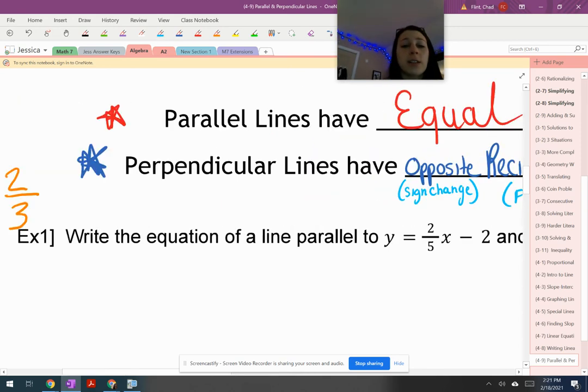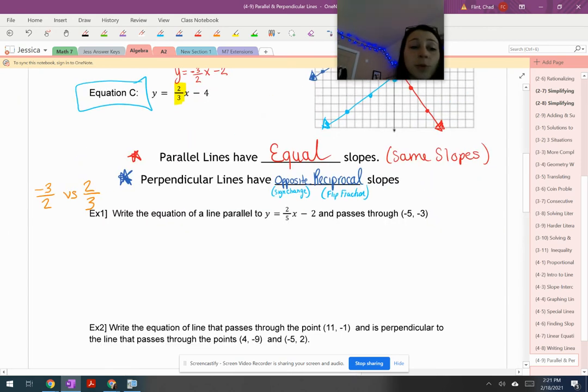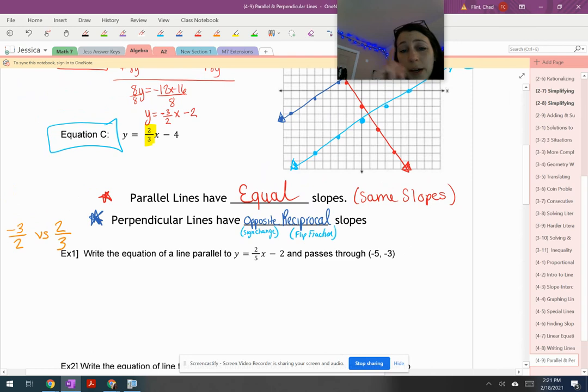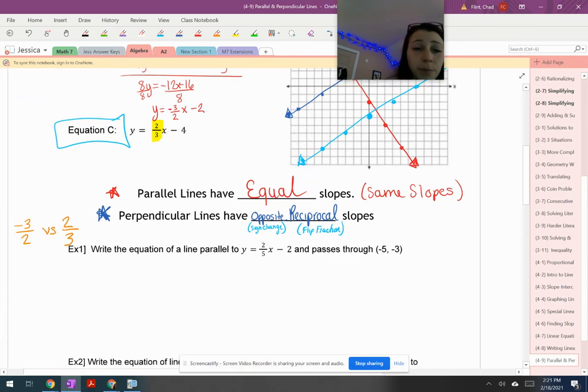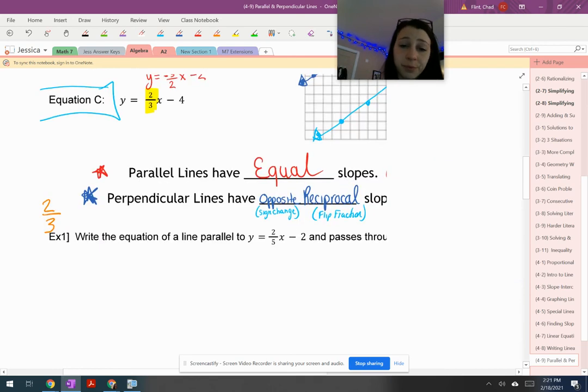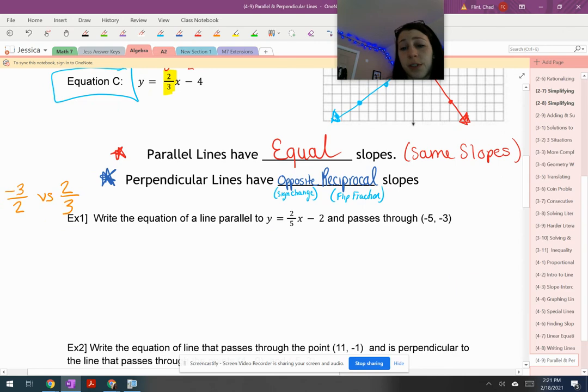So that's exactly what we did over here. Our slope was -3/2. We first changed the sign and made it positive instead of negative, and then we flipped it. So 2 facts that you need in order to be successful on this lesson. Parallel lines have equal slopes, and you can remember that because the double L in parallel almost looks like an equal sign if you were to rotate it. And perpendicular lines have opposite reciprocal slopes.